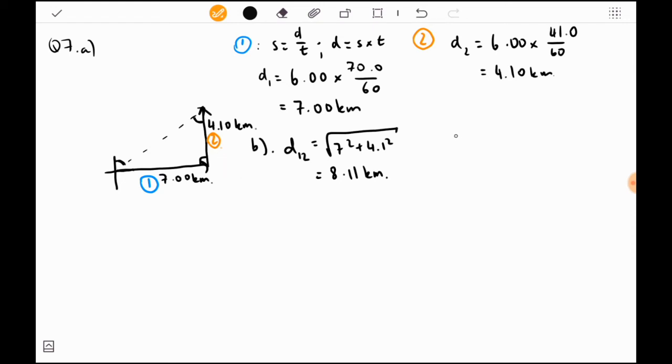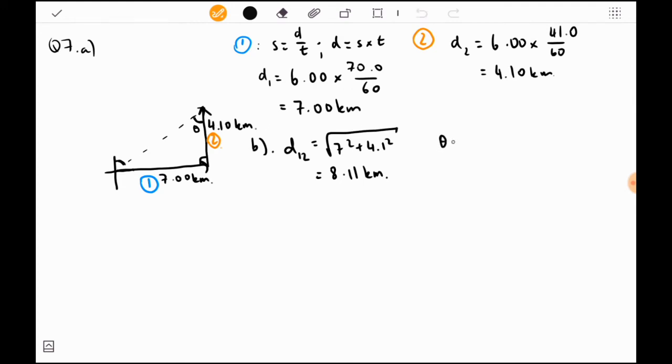And so that means that this angle here, we'll just call it theta. You just use the tan ratio, opposite over adjacent.